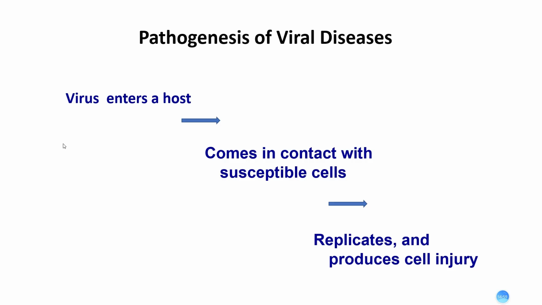And for the virus to set up infection, first they have to interact with the susceptible cells. This is required. Without a susceptible cell, without the receptor, they cannot get into the cell and replicate.